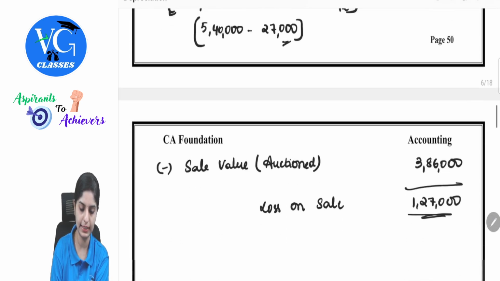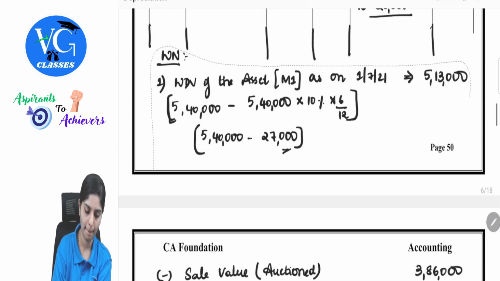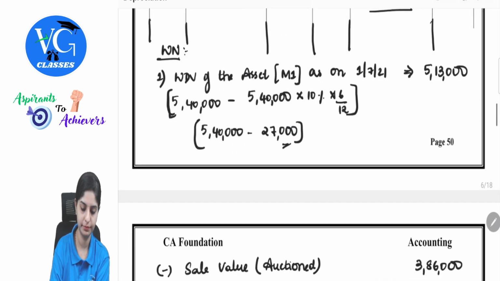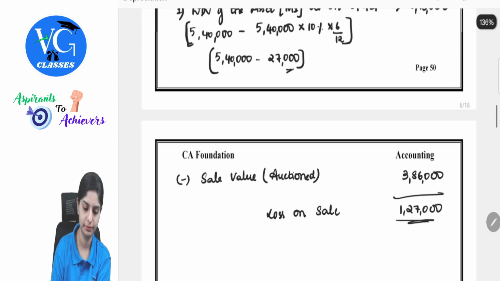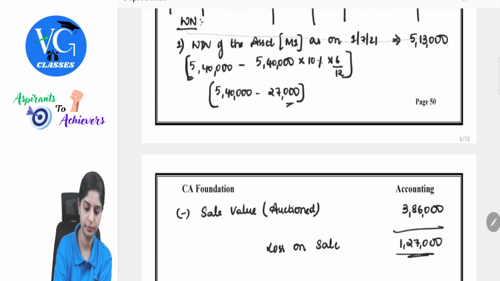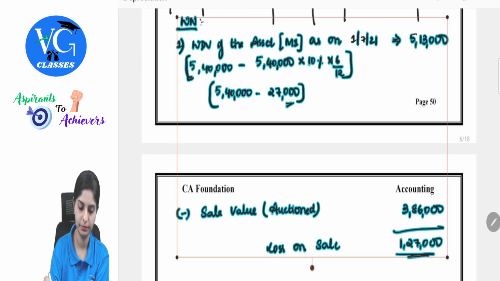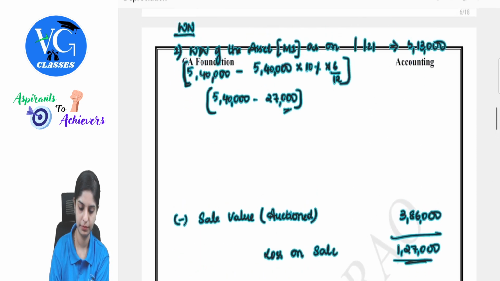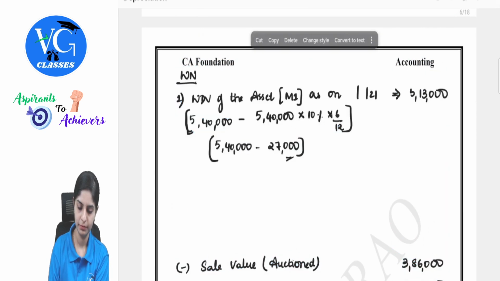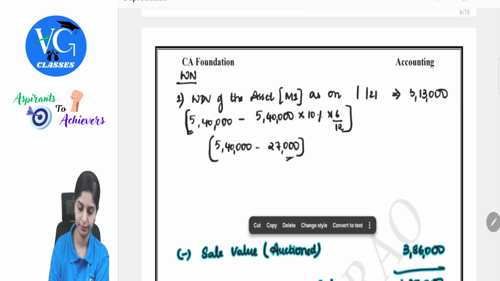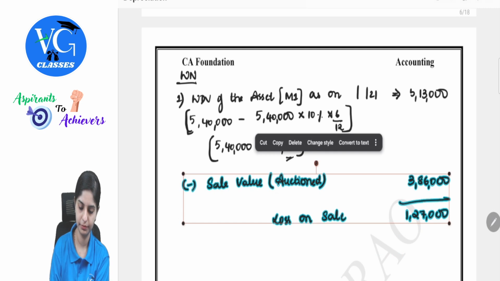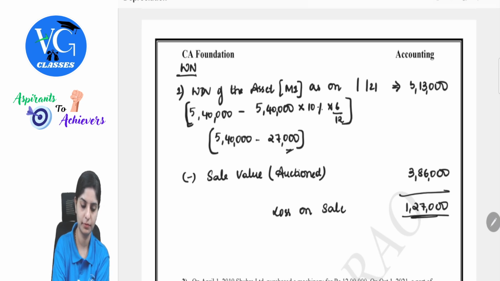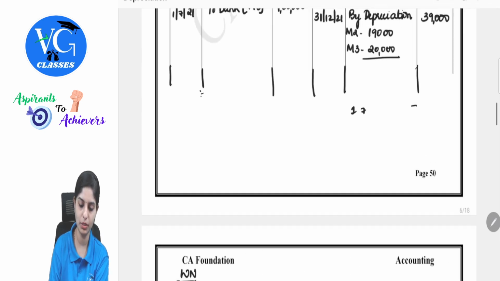Let me just take this down. So this is 5,13,000.